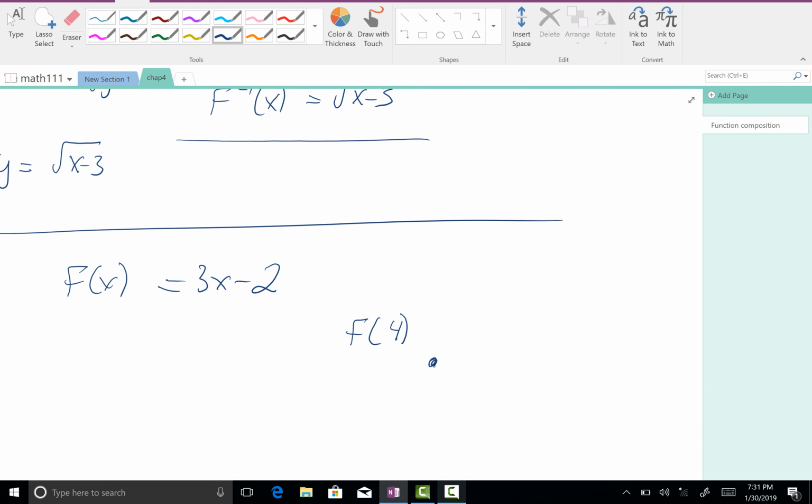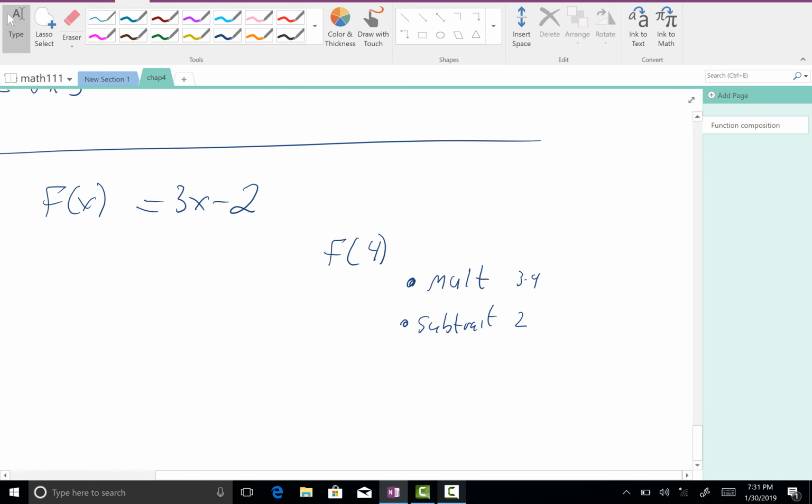And then what operation would you do? So we'd multiply 3 and 4. Then what would be the second operation you would do? Then you subtract. Now, an inverse is just the opposite and the reverse of that procedure.